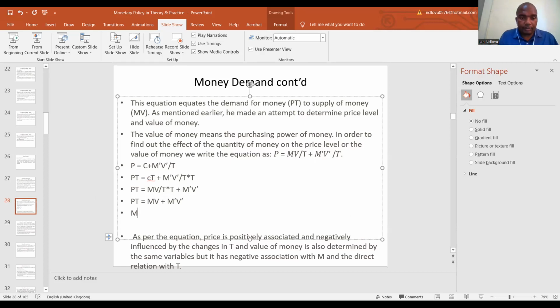I can factorize M, and then I will have M times V plus V prime equal to PT, and then I can divide both sides by V plus V prime.